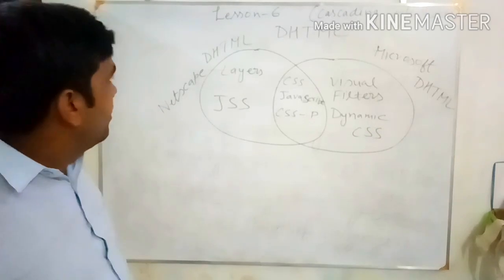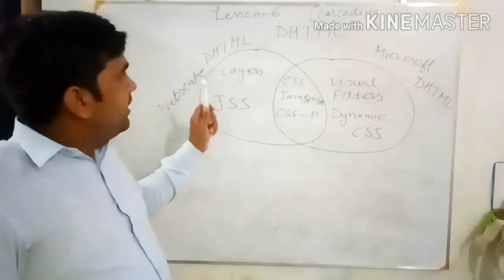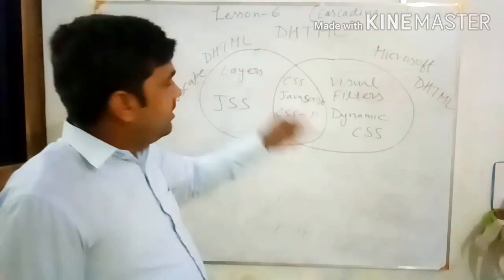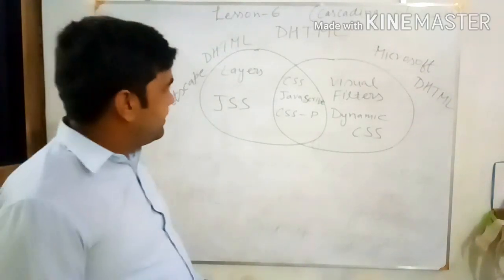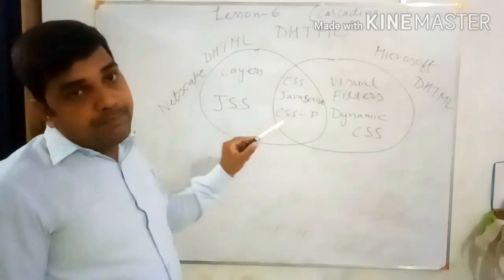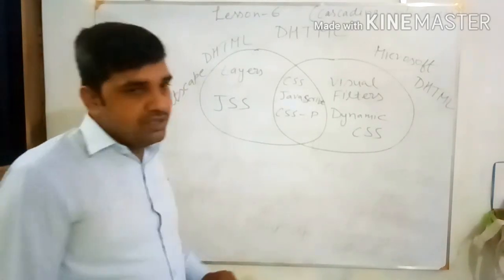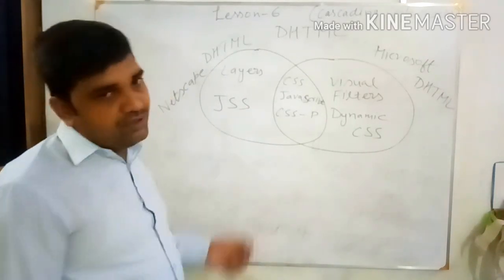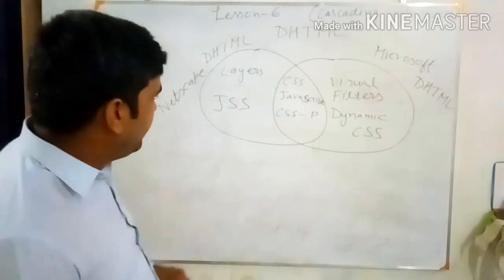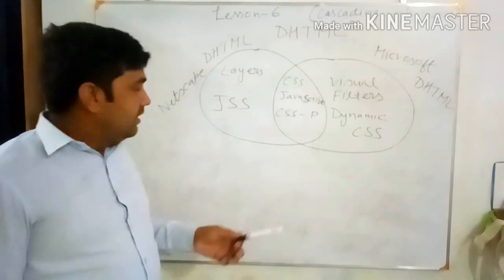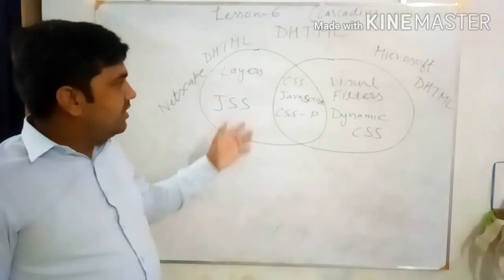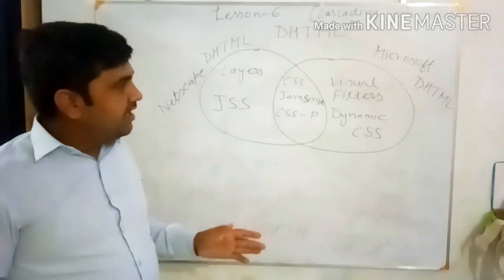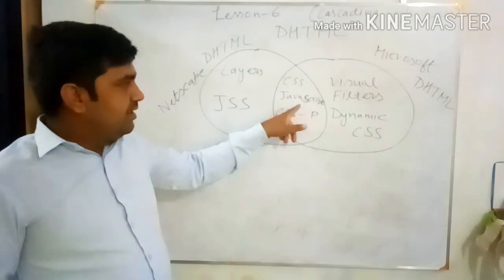Now, in this DHTML, the dynamic hypertext markup language which is used to create dynamic web pages, the pages are based on the user's response, what the users want. This depends on the user's request. According to the user's request, the content of the DHTML web page is decided with the JavaScript code.